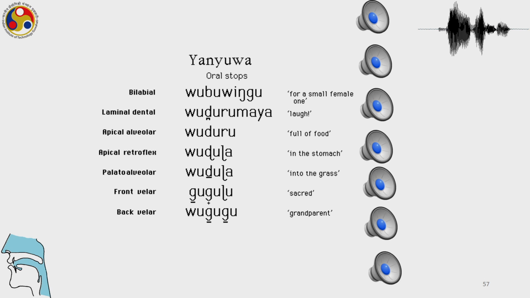Yan-Vuya has bilabial, laminal dental, apical alveolar, apical retroflex, so all these coronal sounds, and then palato-alveolar, and then a velar, and a front velar as well as a back velar.